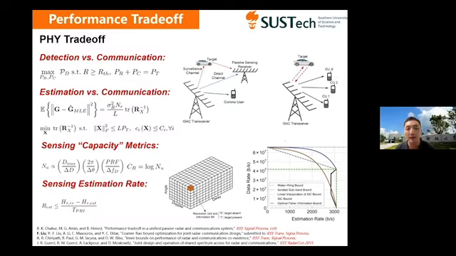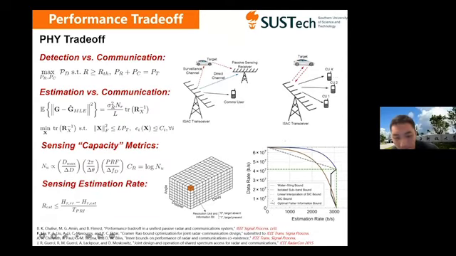By estimating a target, you can remove your uncertainty about the target, so this is a process to acquire information about the target. Based on this view, we can define the so-called estimation rate by dividing the mutual information by the time duration. So this is another definition.